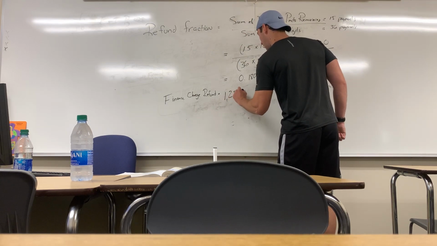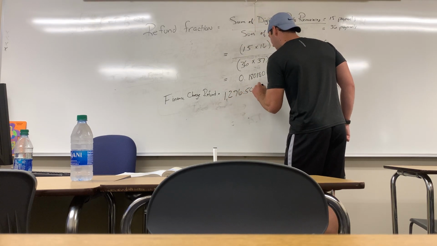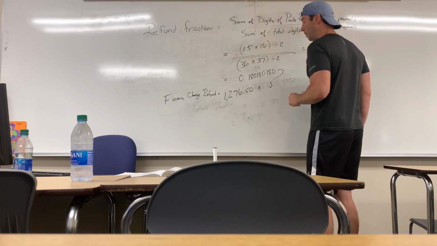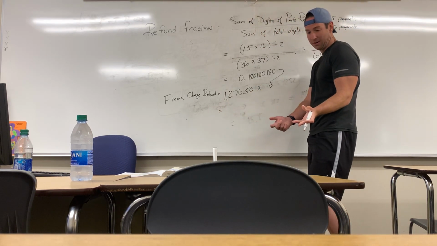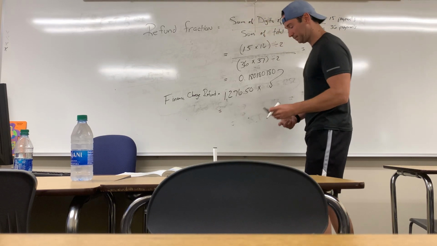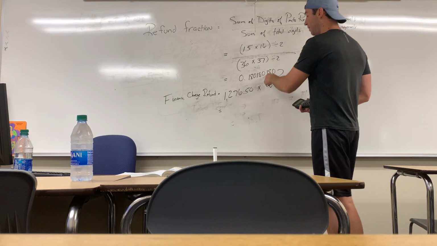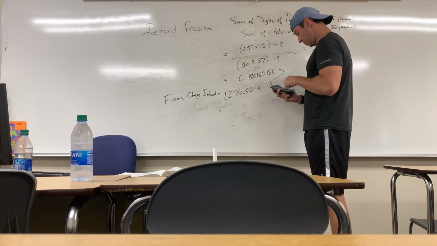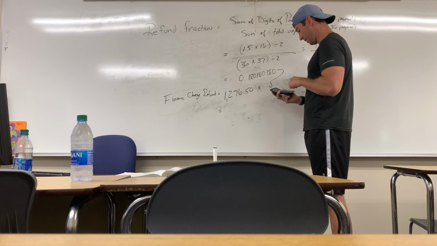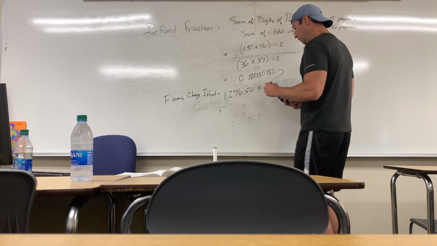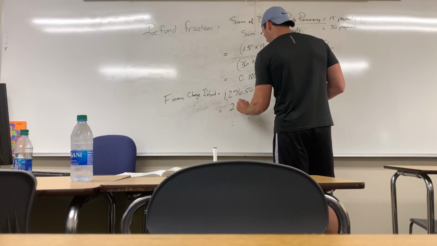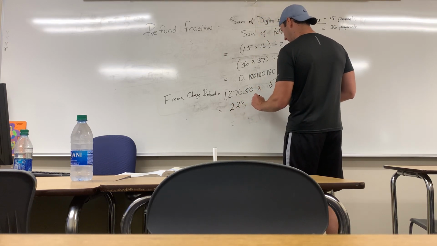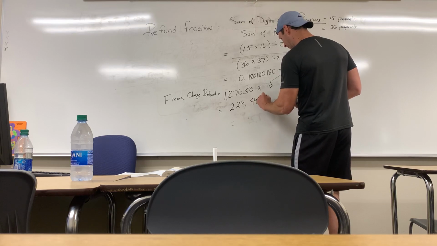So 1,276.50 times this number. It is what I would do. The easiest thing to do is just leave it in the calculator because it's already in there. That number times 1276.50 equals, excuse me, 229.99999999999.